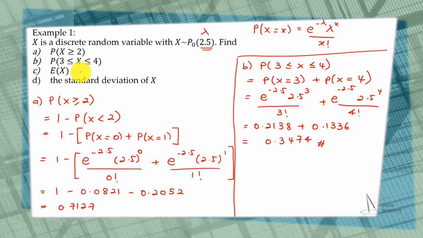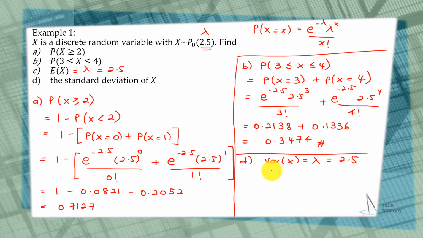And then C, we have to calculate the expectation. The expectation is actually equal to our lambda, so this is also equal to 2.5. So that is for C. For D, we have to be very careful. What we know so far is that our variance should be equal to lambda, and this one should be equal to 2.5.